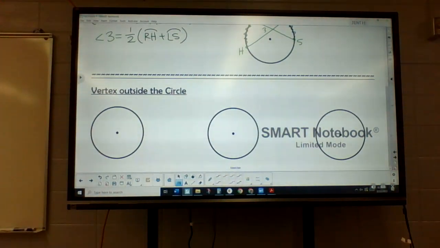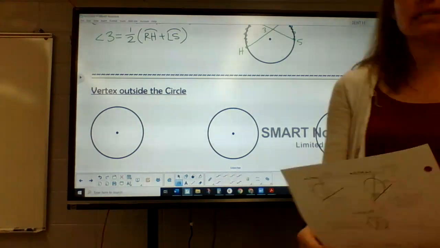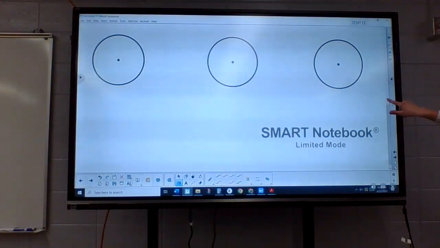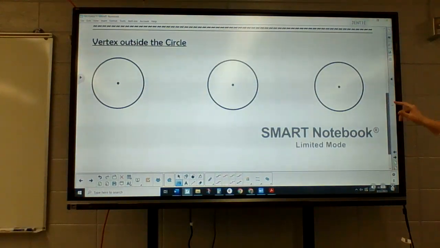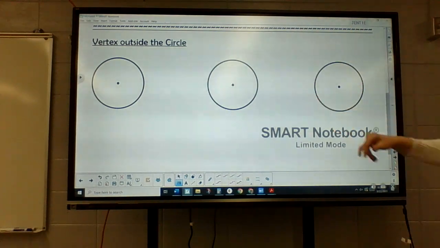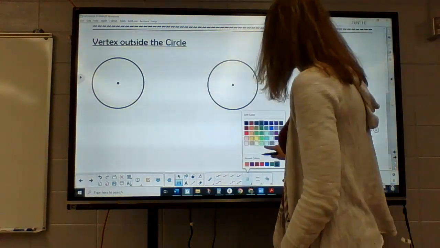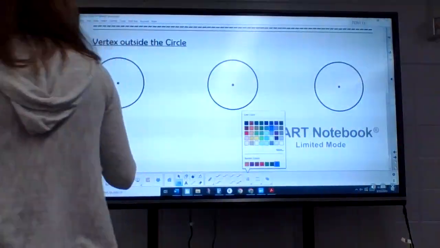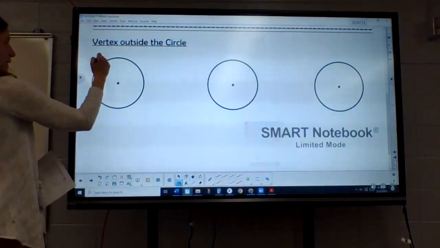All right, our next one is when the vertex is outside the circle. So let me show you guys what this looks like. We've had the vertex on the circle, in the circle, now outside the circle. And again, I'll draw 3 different pictures of what this looks like.